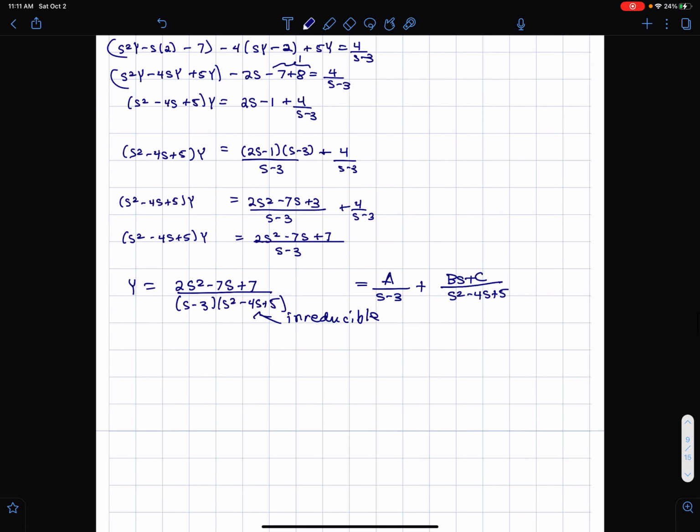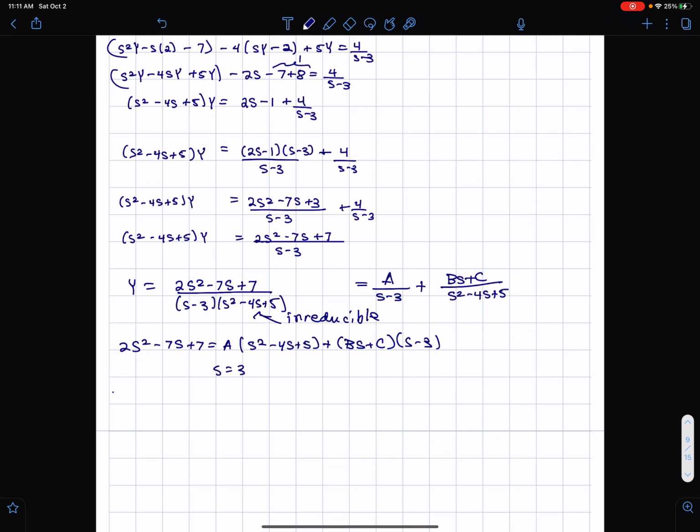And so if I clear the fractions, I'll get 2s squared minus 7s plus 7 equals A times (s squared minus 4s plus 5) plus (Bs plus C)(s minus 3). And what we do is put s equals 3 to kill that s minus 3. It's a convenient number.